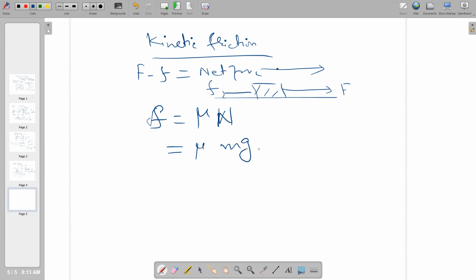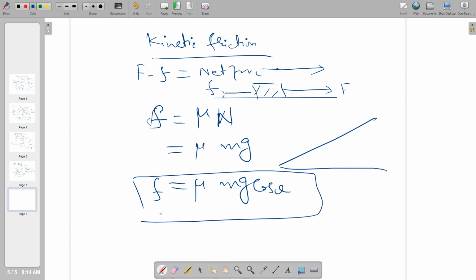N is mg if the body is placed on a horizontal surface. But if the body is placed on an inclined plane, then it is mu into mg cos theta. If it is horizontal, then the formula is this one. So remember this, please.